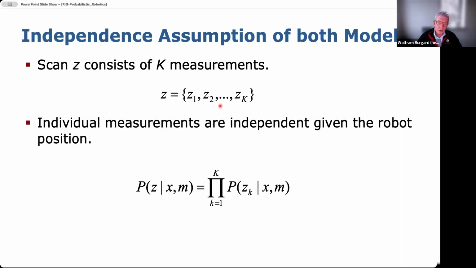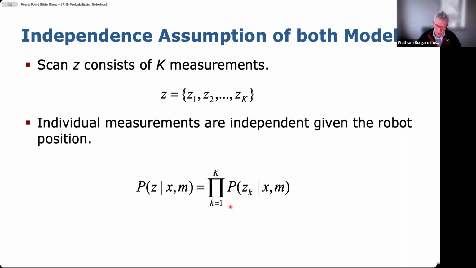And in order to not complicate things too much, one typically assumes an independence of the individual beams in the LiDAR, which is in fact an approximation and also a pretty severe approximation. Simply because in the context of dynamic environments, there's a substantial dependency between neighboring LiDAR beams.